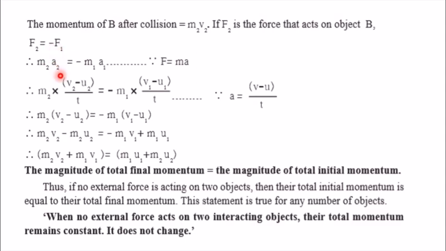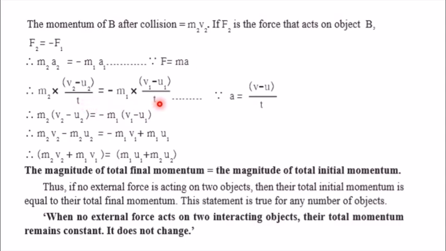Now we know the formula for acceleration. Acceleration is equal to v minus u upon t, that is final velocity minus initial velocity upon time. So instead of acceleration we will put the formula for acceleration. So m2 into (v2 minus u2) upon t is equal to negative of m1, and instead of a1 we will again put the formula for acceleration, that is (v1 minus u1) upon t.